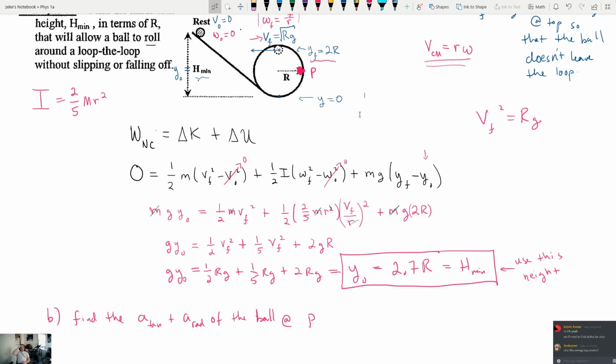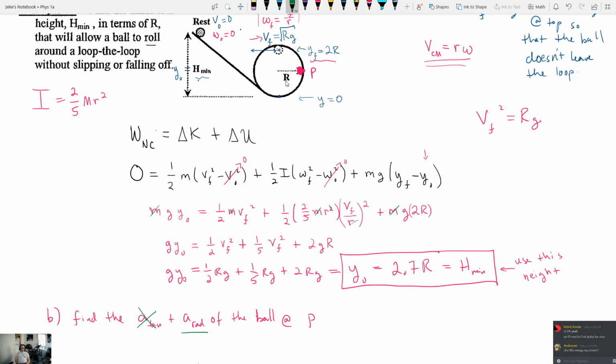Use energy equations. We're definitely going to have to do that. Okay, let's not worry about this one for now. Let's just do this one, and then we're going to do another problem that's going to help us solve this part. Finding the tangential acceleration is actually quite tricky. Finding the radial acceleration is actually not that hard.